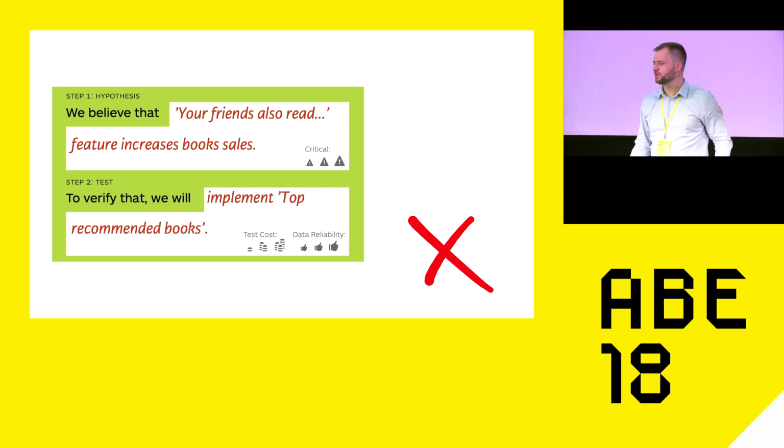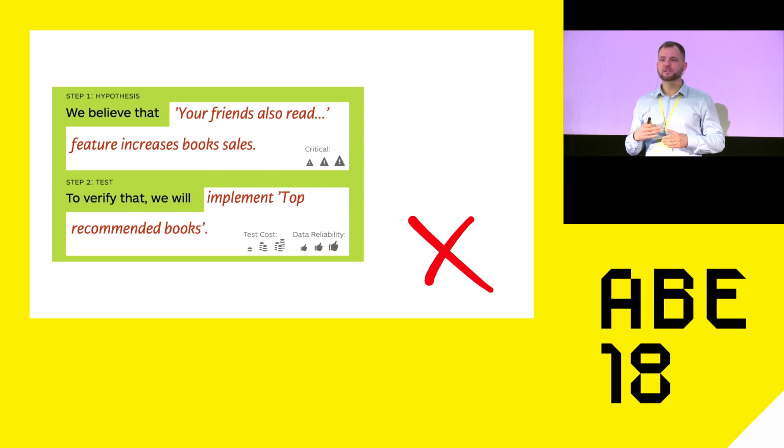The test could be like that. To verify that, we will implement top recommended books. It's easy, right? I can show the top 5 books that everybody recommends to everybody, and if the user considers, oh, I'm going to click it, I'm going to buy it in addition, that would mean that the hypothesis is true. The problem that we see here is that the test actually doesn't verify the hypothesis.